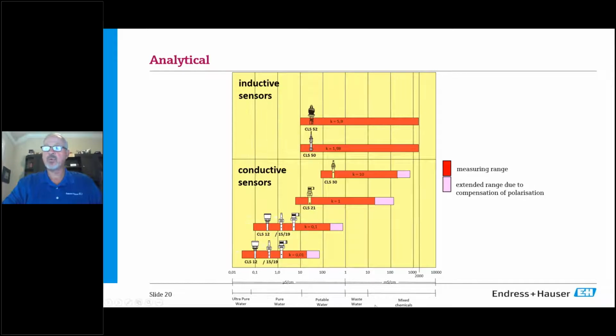And in the mixed chemical range, conductivity can also be converted into a percent concentration. So if you're doing a mixed bed or an anion cation bed, and you need to regenerate a resin, you have that capability of utilizing conductivity for your percent concentration of acid and caustic measurements.